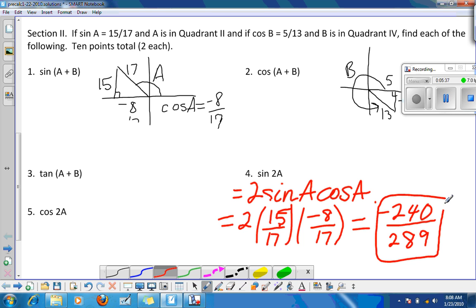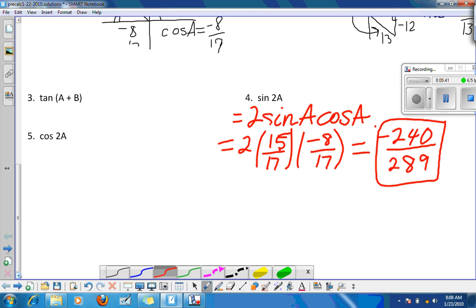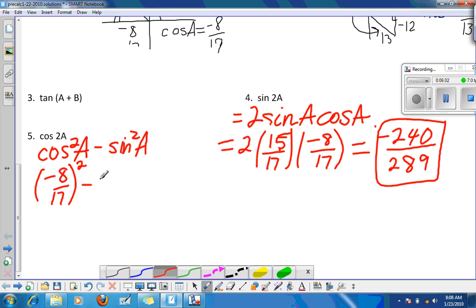Number 5, cosine of 2A, you have several formulas you can choose. Doesn't matter which one you use. I'm just going to use cosine squared of A minus the sine squared of A. So the cosine of A was negative 8 over 17. Make sure here that you put parentheses around this and square the quantity of negative 8 over 17. Minus the sine of A quantity squared, so we got 15 over 17, quantity squared.